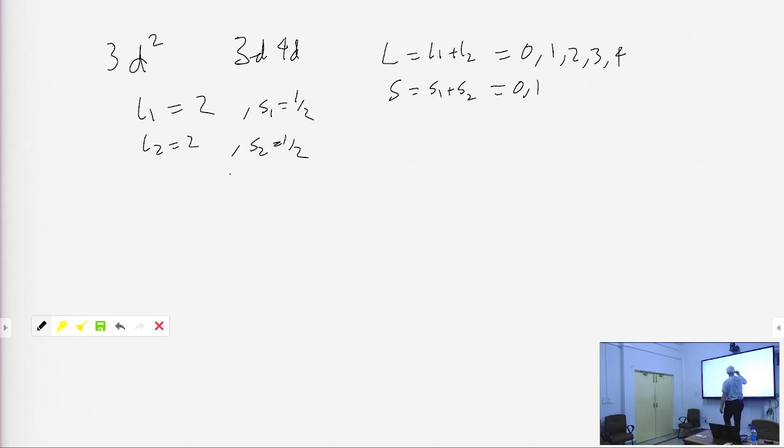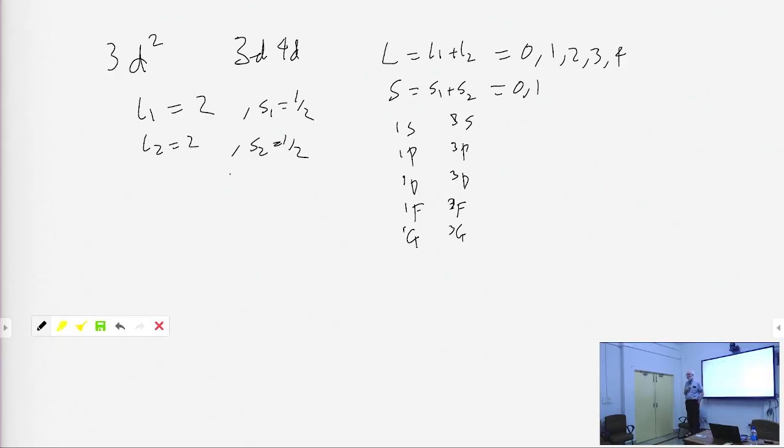So you get singlet S, singlet P, singlet D, singlet F, singlet G, triplet S, triplet P, triplet D, triplet F, triplet G. So you get a lot of possibilities.